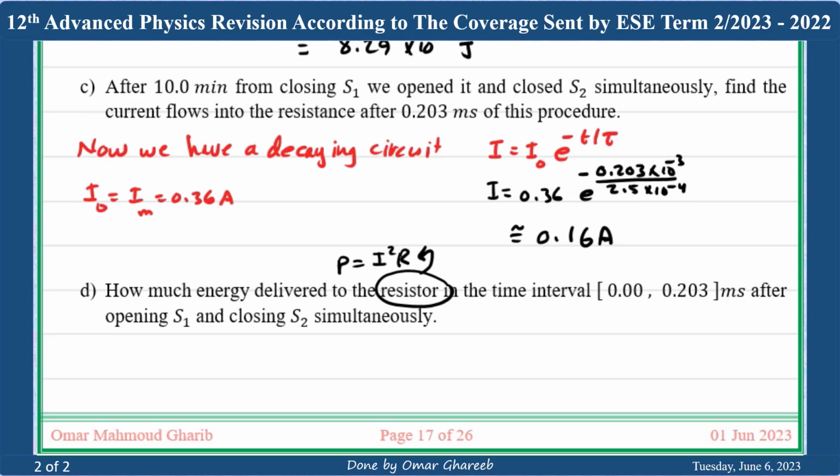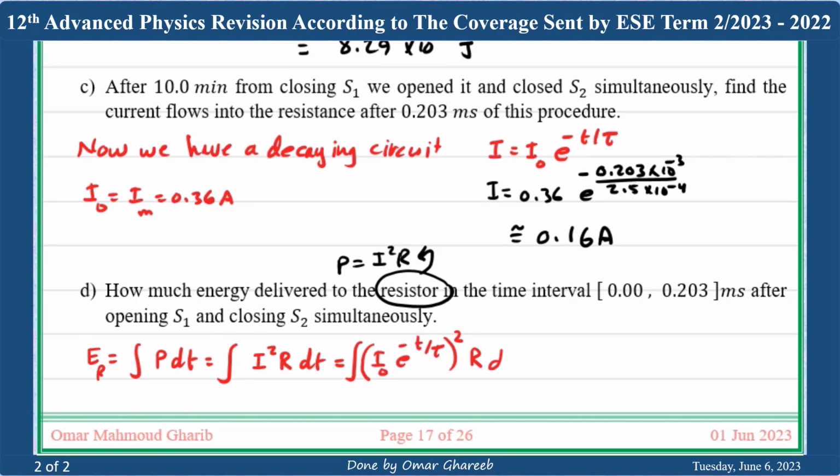So the energy E delivered by the resistor R is the integration of P dt, which is I squared times R dt, and I is a decaying current, so it is I0 e to the minus t over tau, but I need to square it because it is I squared times R dt.